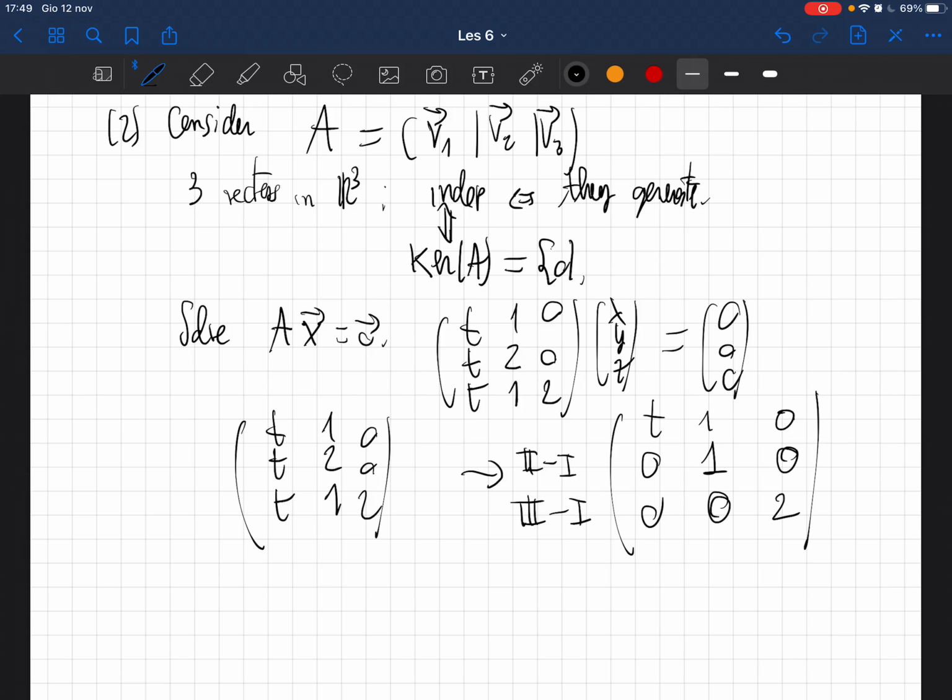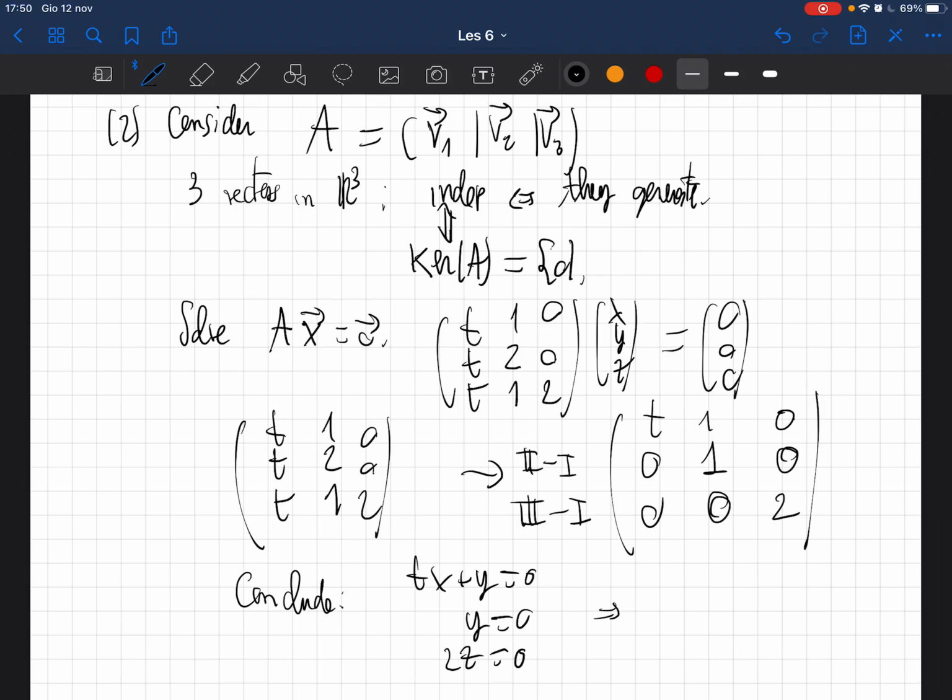It was kind of quick, so we conclude that you get this linear system here: tx plus y is equal to 0, then y is equal to 0, and then 2 times z is equal to 0. Is that correct? I hope so. I think so. It's just subtracting. Yes, looks fine.